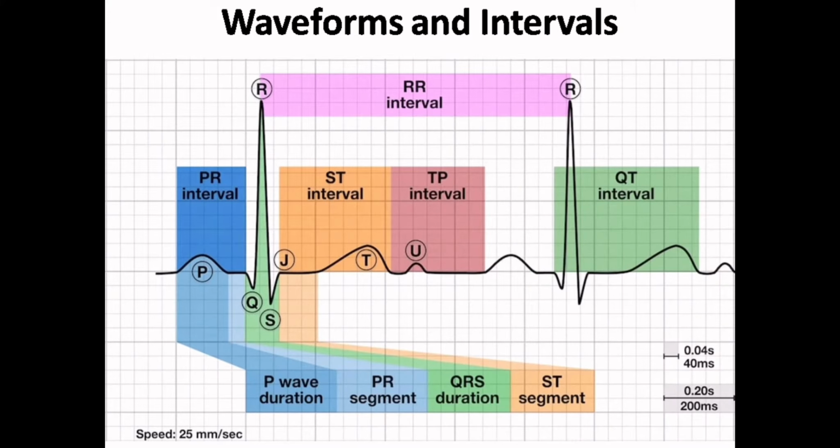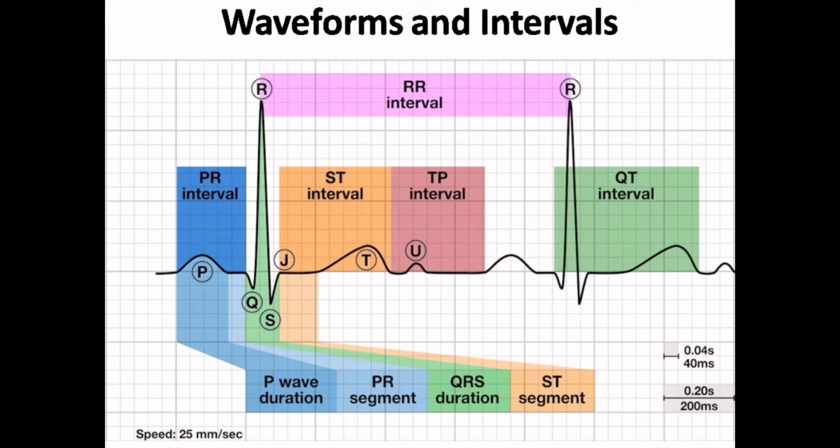So we have different waveforms and intervals. Basically we have a P wave, QRS wave and a T wave, and rarely we get a U wave. So there are some intervals like PR interval, ST interval, TP interval, RR interval and QT interval.